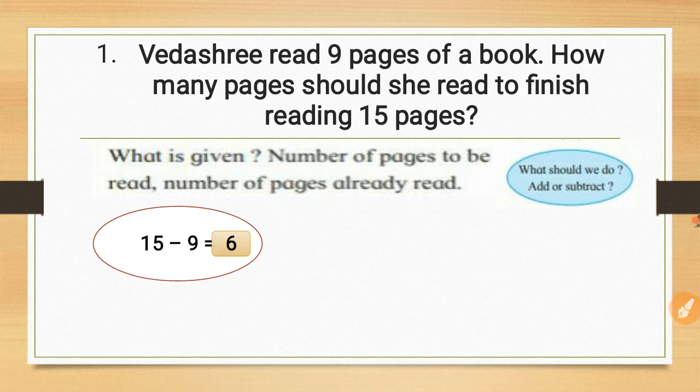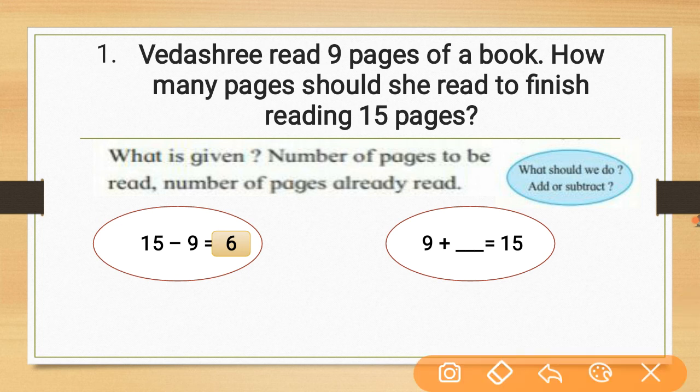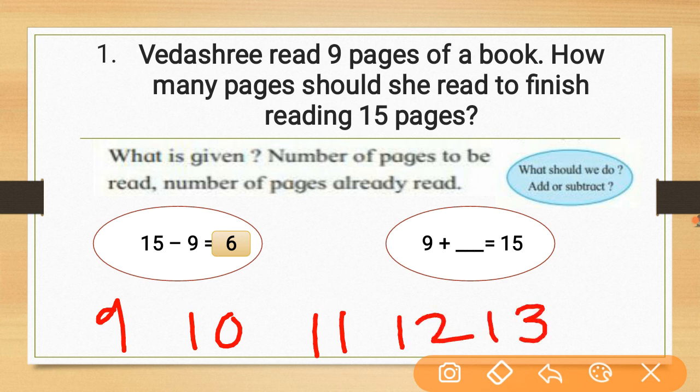We can solve this question with addition also. 9 plus dash is equal to 15. Here we can count forward. We can write the numbers from 9 to 15. 9, 10, 11, 12, 13, 14, 15.